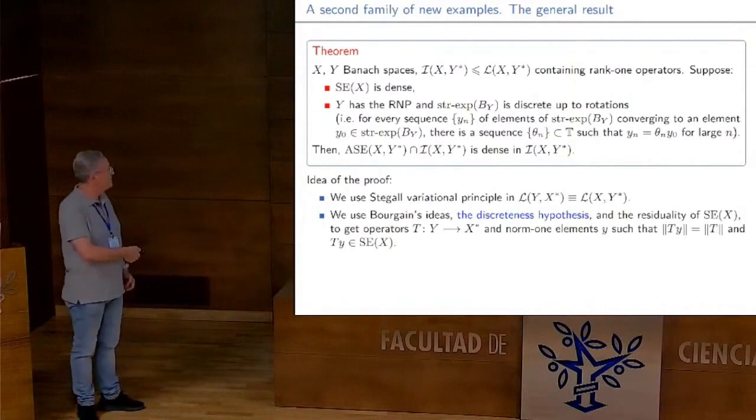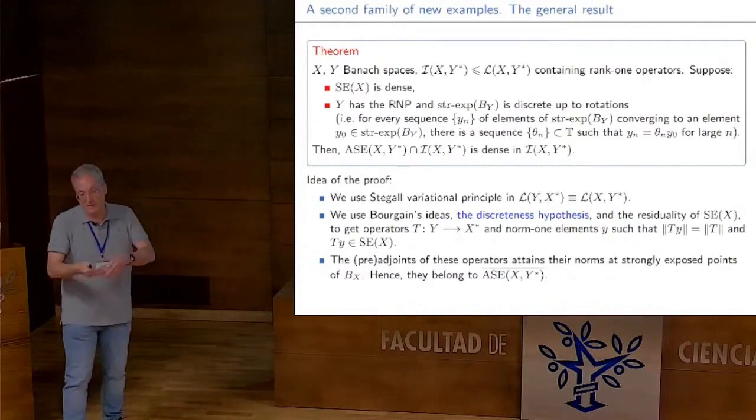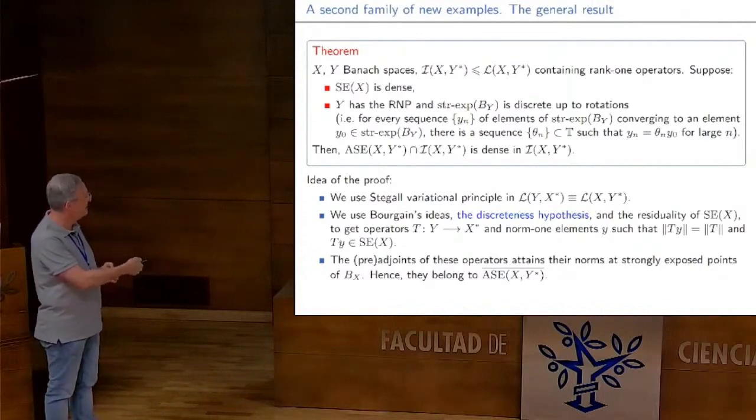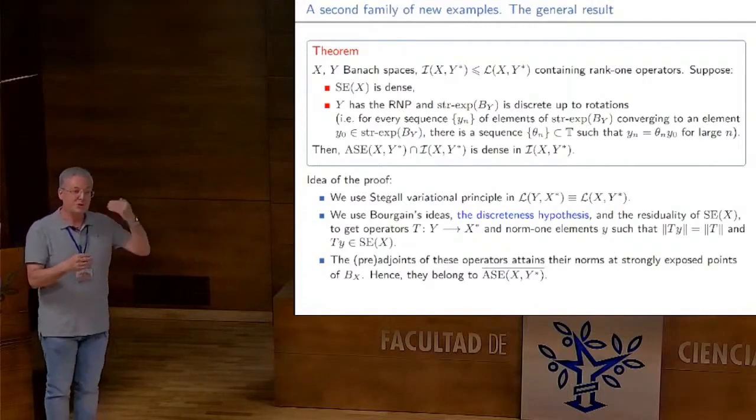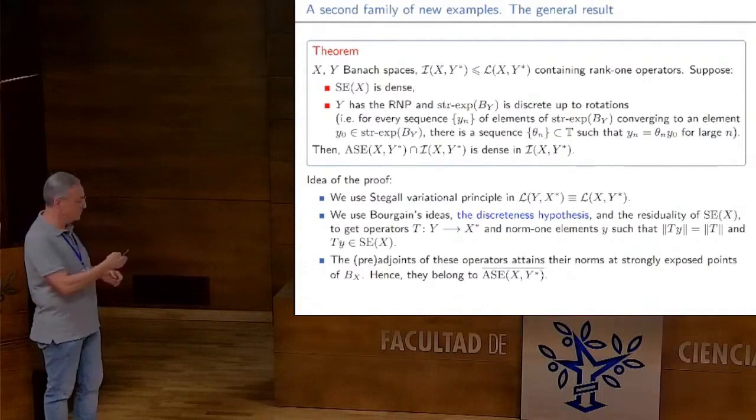Then we use Bourgain's ideas, the discreteness hypothesis, and the residuality of the set of strongly exposing functionals, and we get an operator from Y to X star, of norm one, such that T attains the norm at y, and Ty is a strongly exposing functional. But just take the pre-adjoint and restrict to X, and what you get is an operator whose adjoint attains the norm, and the image of the functional where it attains the norm is a strongly exposing functional. And this gives you that this operator is in this closure.